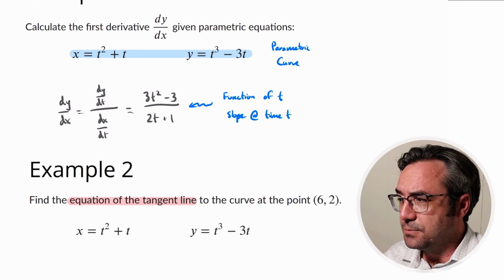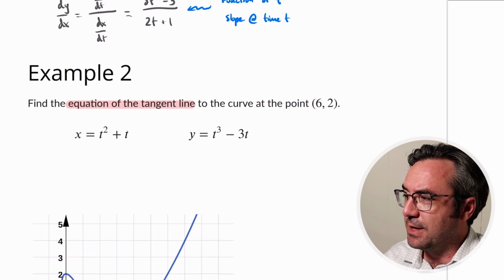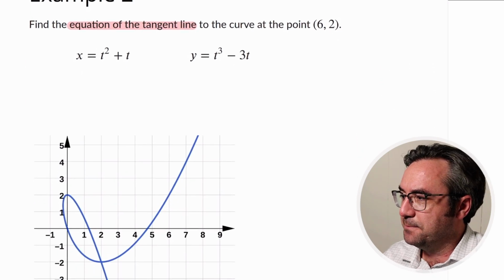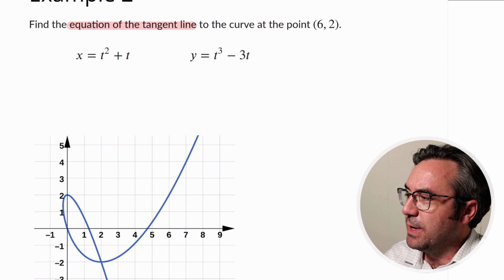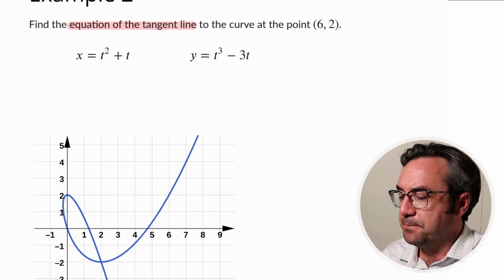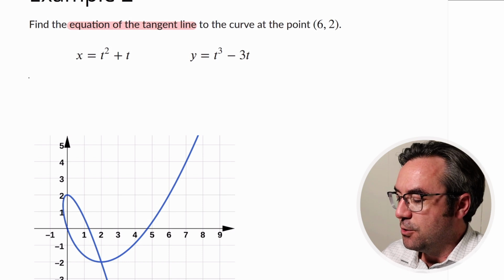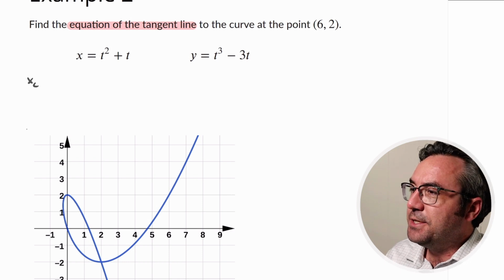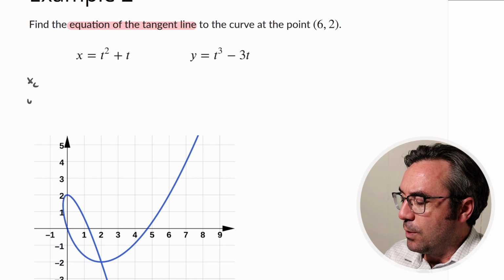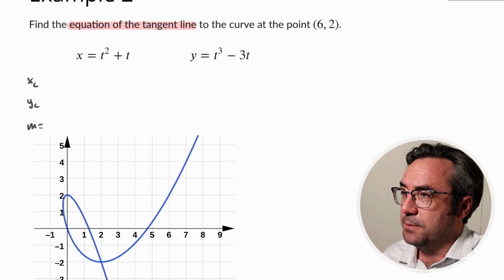All right. So for a tangent line, what do we need? Let's think back. Well, there's 3 things. We need to know the x-coordinate of our point, the y-coordinate of our point, and then we need to know our slope.